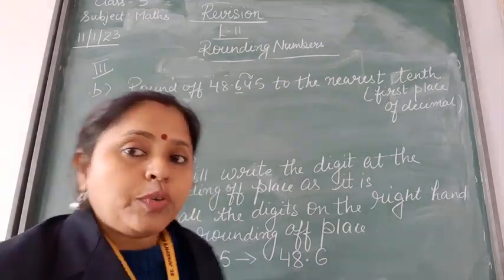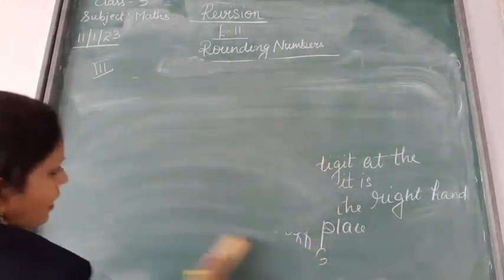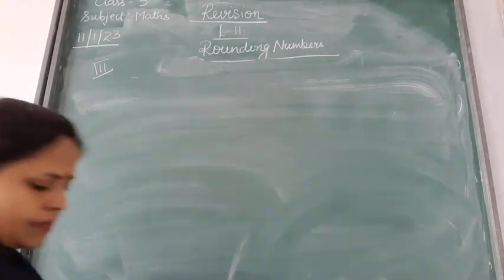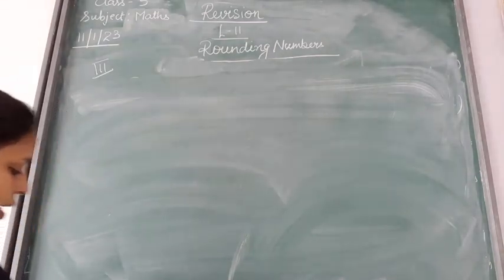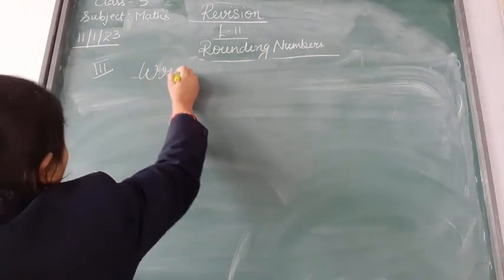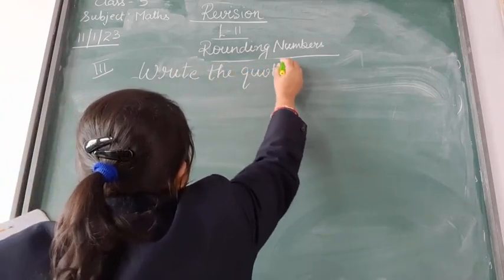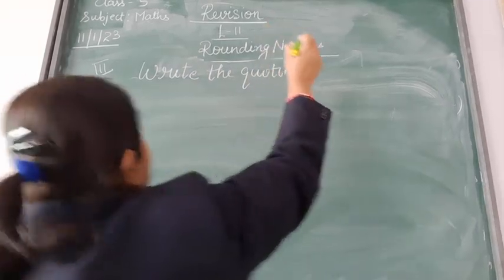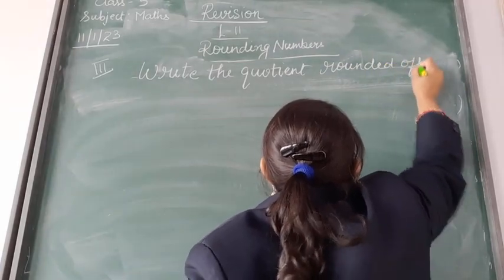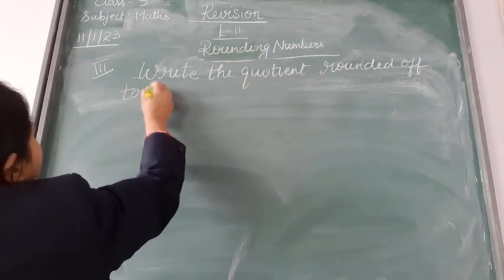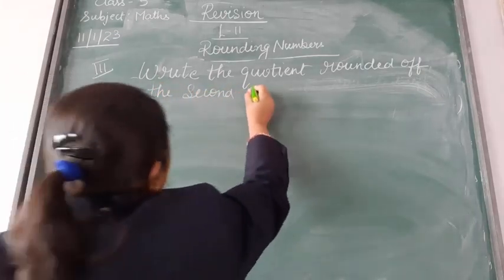Now children, we will do one more question that is also based on rounding off. And the question is, write the quotient rounded off to the second place of decimal.